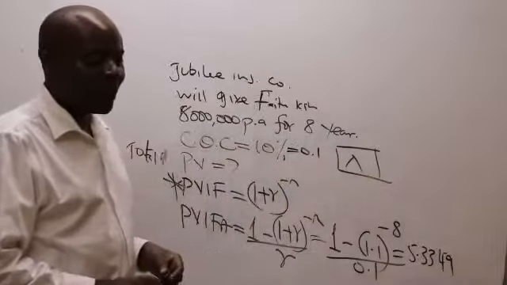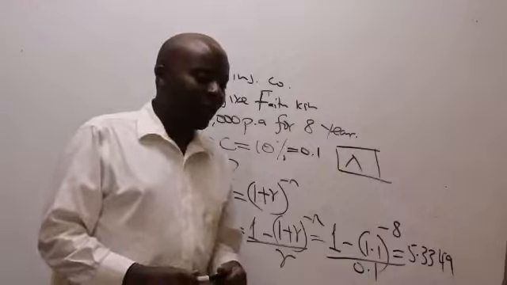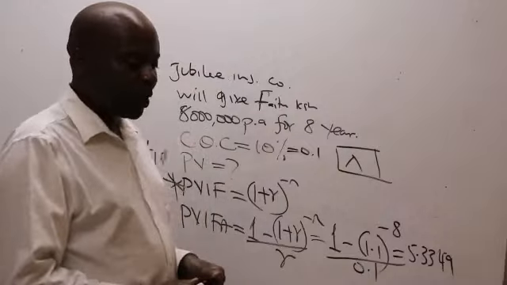5.3349. We always prefer writing the PVIFA and the PVIF figures in 4 decimal places. So, ladies and gentlemen, the moment I write like that, now I am at home.